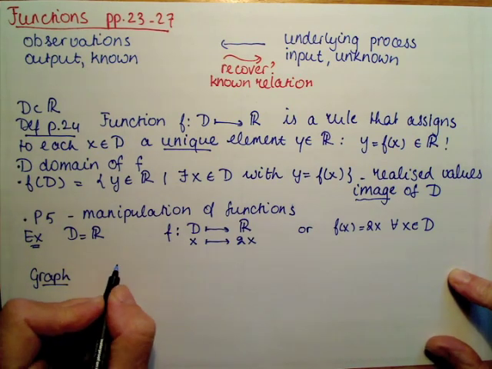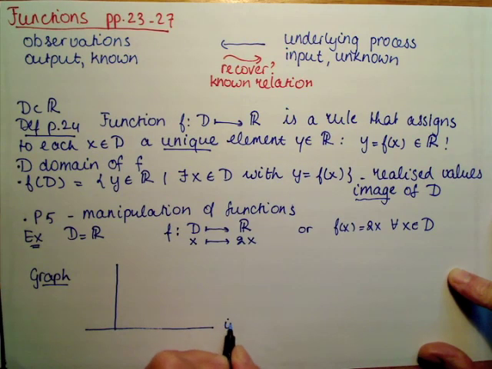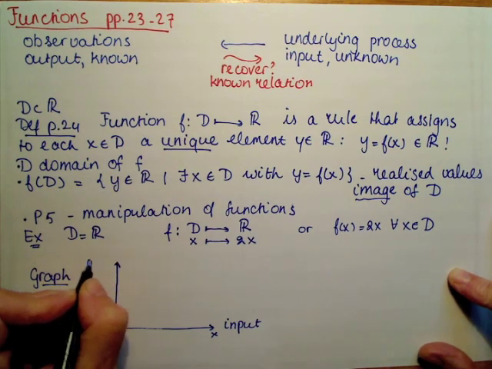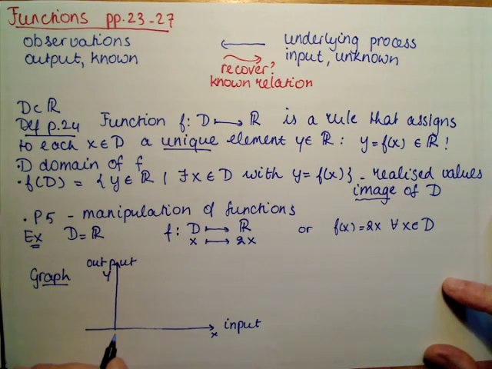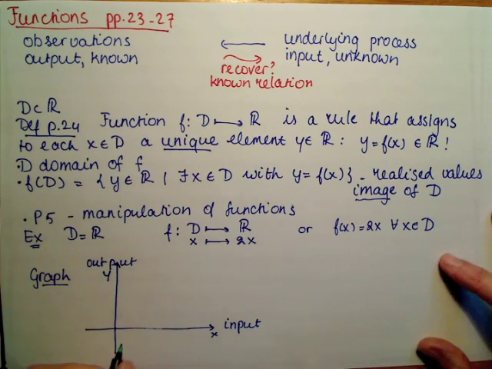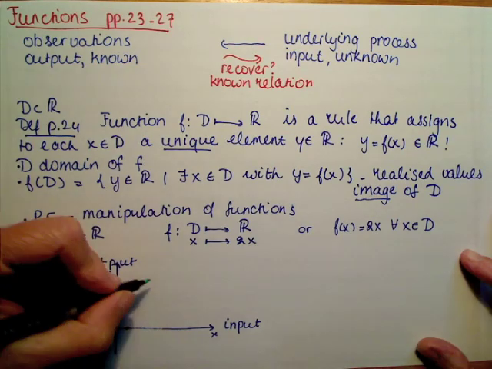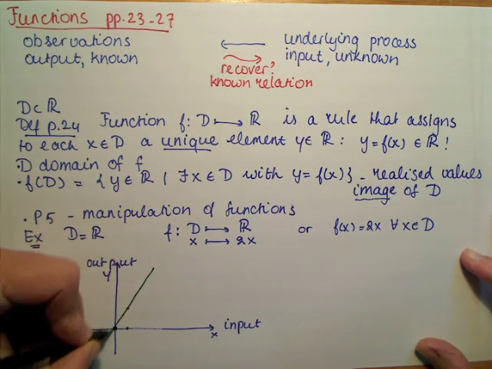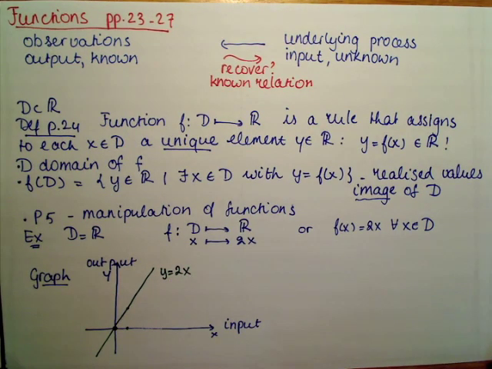In this case we set the input as the horizontal axis, the output is on the vertical axis, and when we draw the picture of this function, we see that to value 1 we assign the value 2, to the value 0 we assign the value 0, and so we can draw the whole function, which we denote by y is equal to 2x.